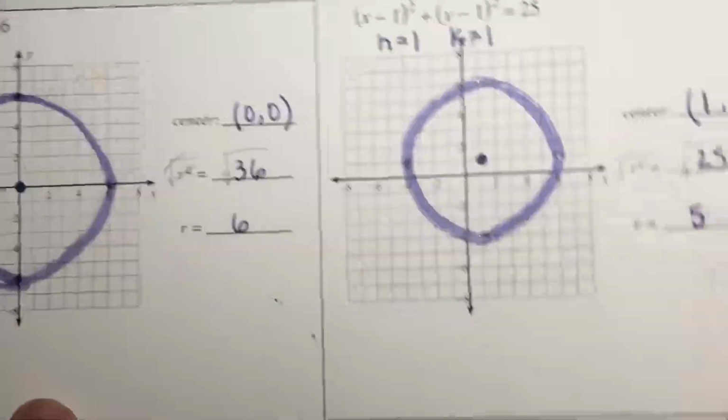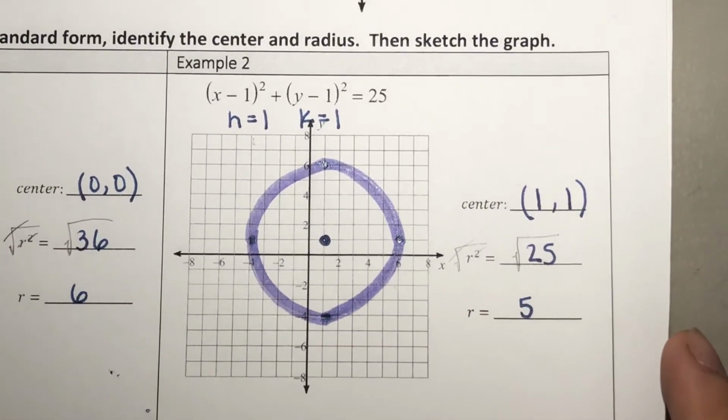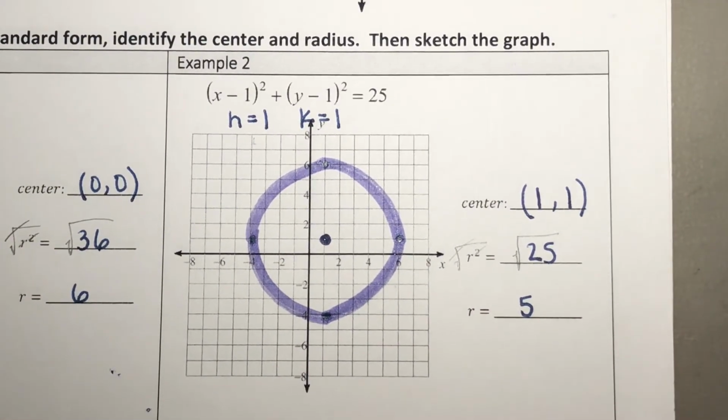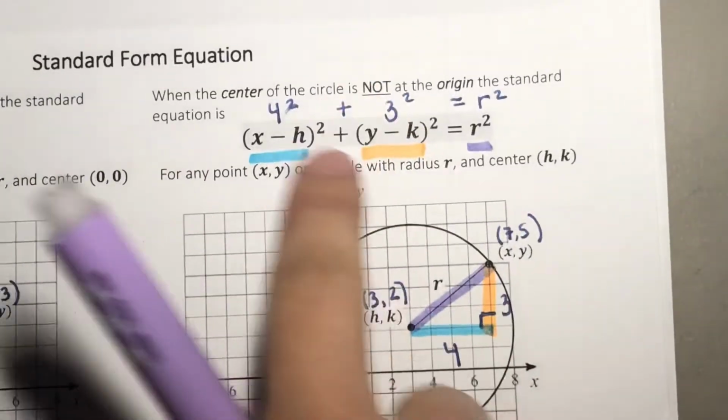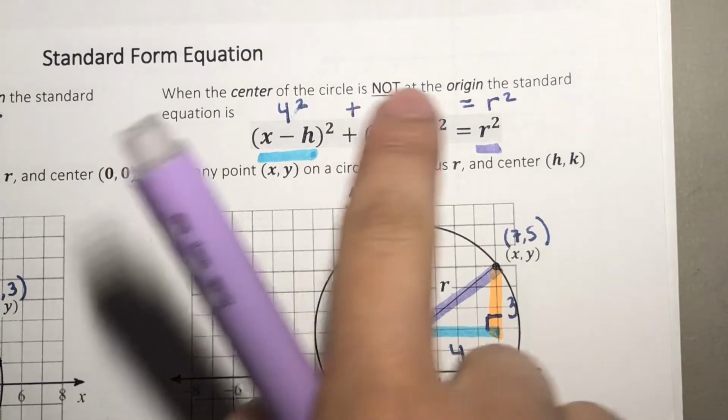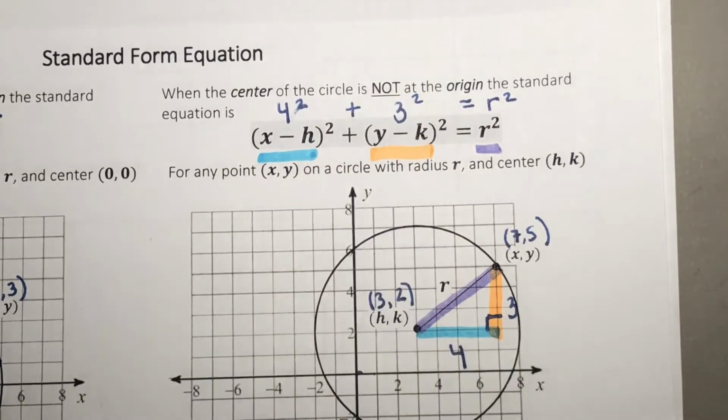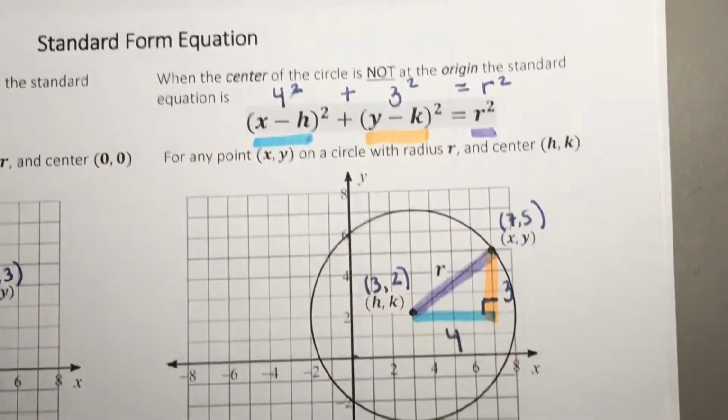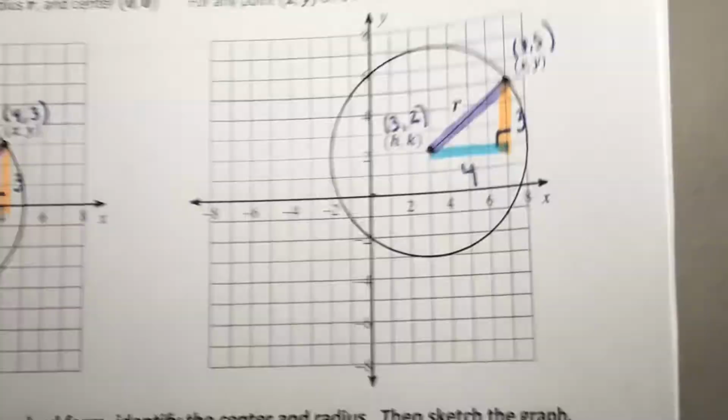Okay, and that's it. This is example number 2. Again, when you see this longer equation that looks like this, you know that the center is not at the origin.